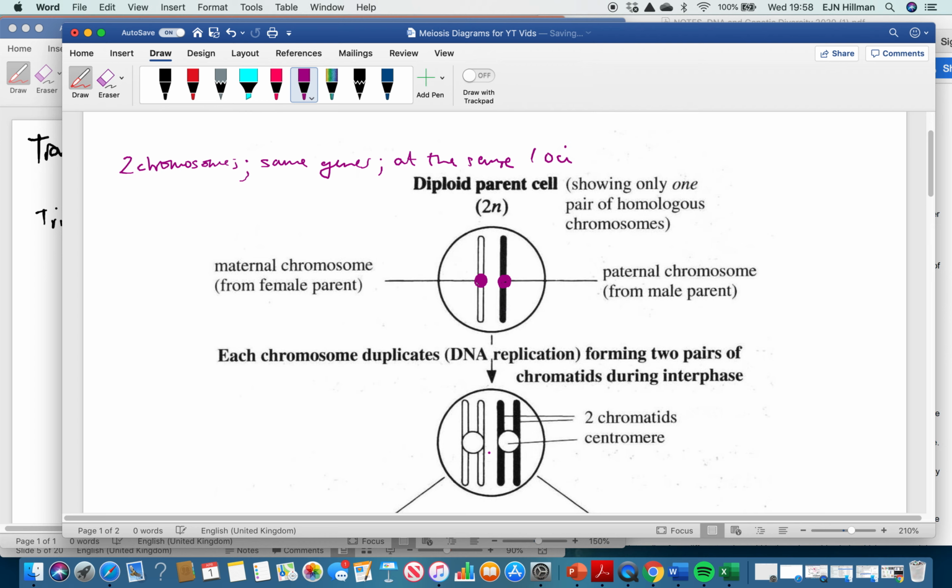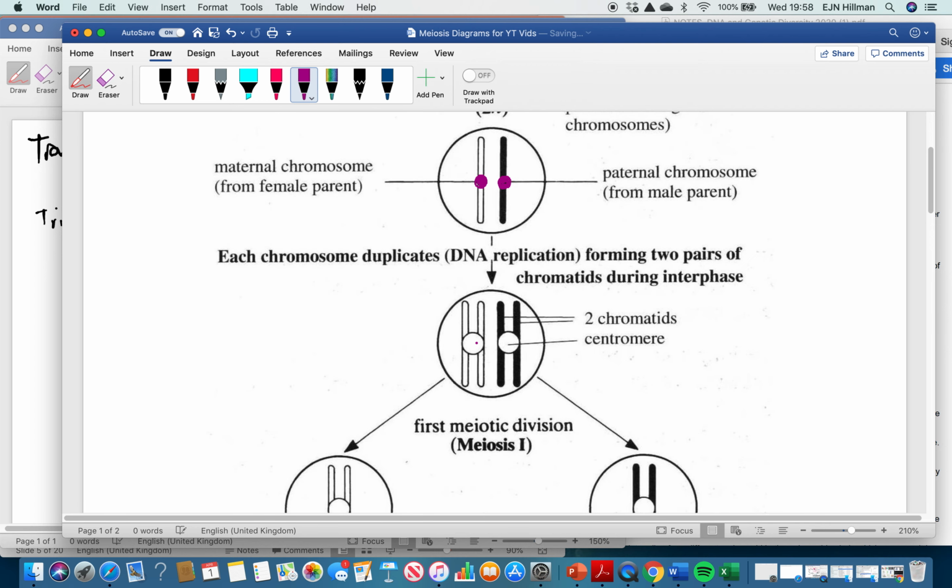Because then, after DNA replication, we can see those centromeres are now connecting the two identical sister chromatids together. So if we want to count the chromosomes, well, we have two chromosomes here, so 2n. Want to count the chromosomes here, two chromosomes, two centromeres, so two chromosomes, so also 2n.